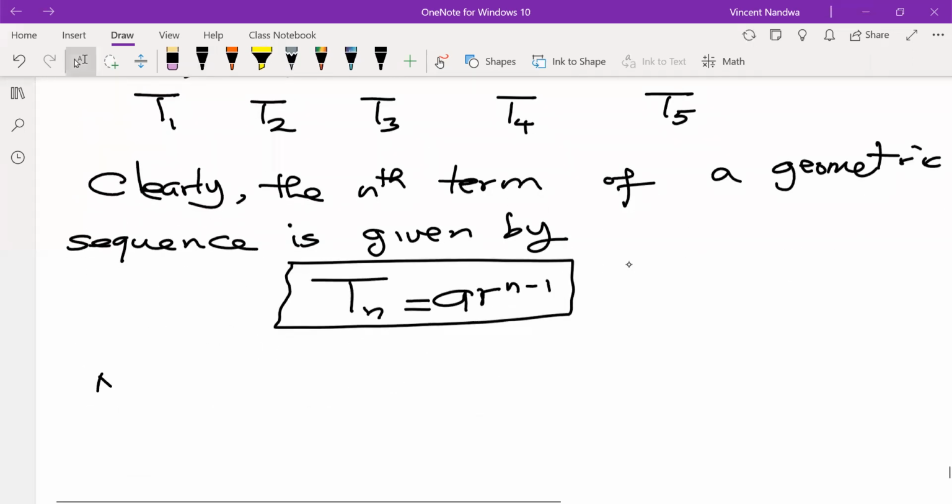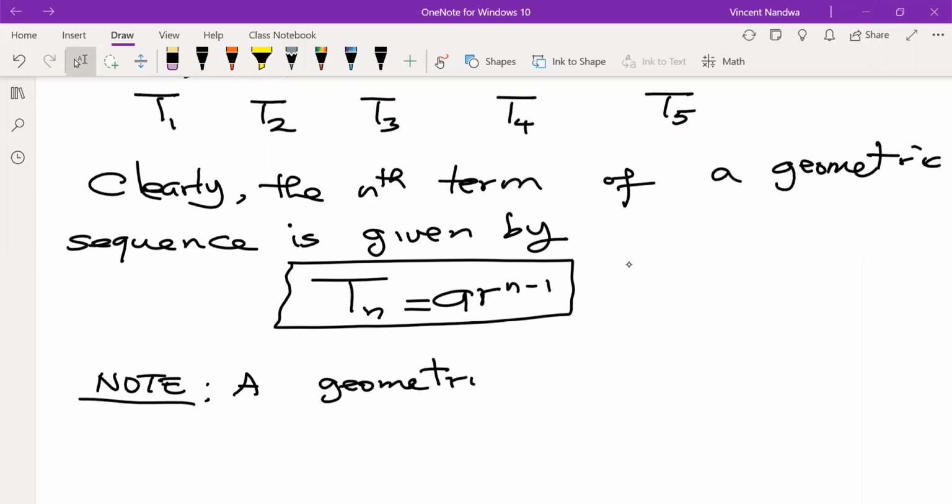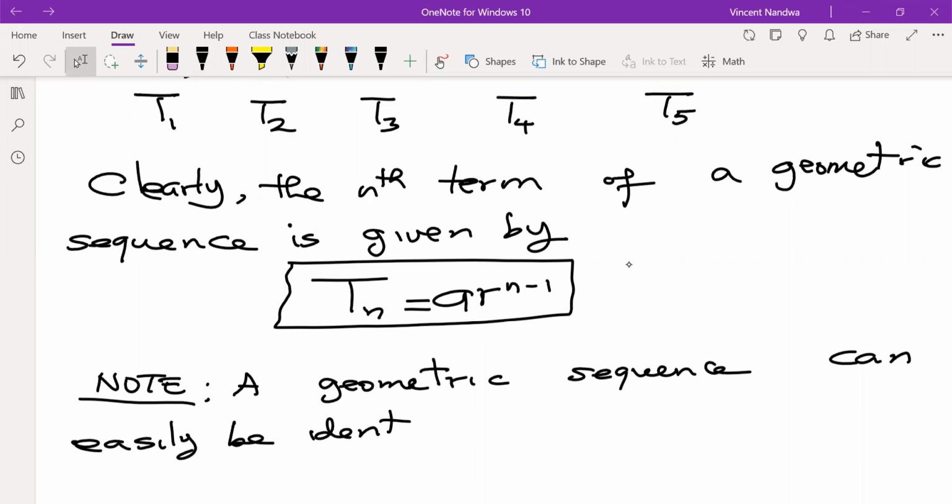So note, a geometric sequence can easily be identified by taking the ratio of any two consecutive terms.